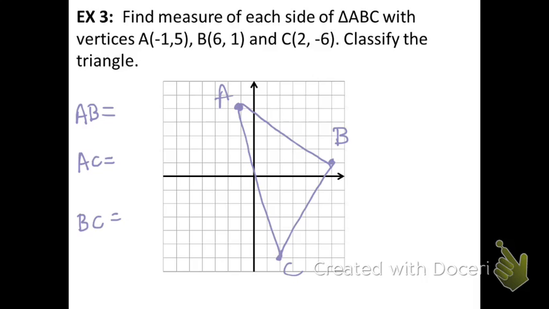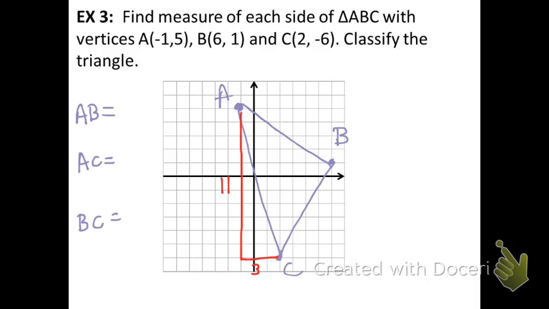Now there are multiple ways to do this. You can either use the distance formula, or I like to use the Pythagorean theorem because it's pretty quick. So the Pythagorean theorem, you just have to create right triangles, and take a squared plus b squared equals c squared to find the length of AC. So this is 3, and the other one is 11.